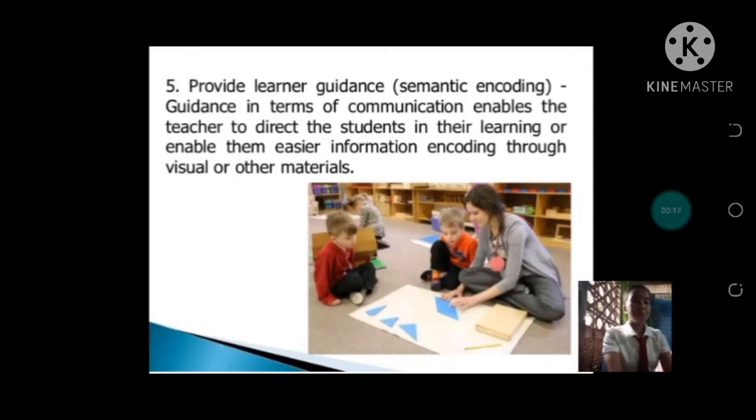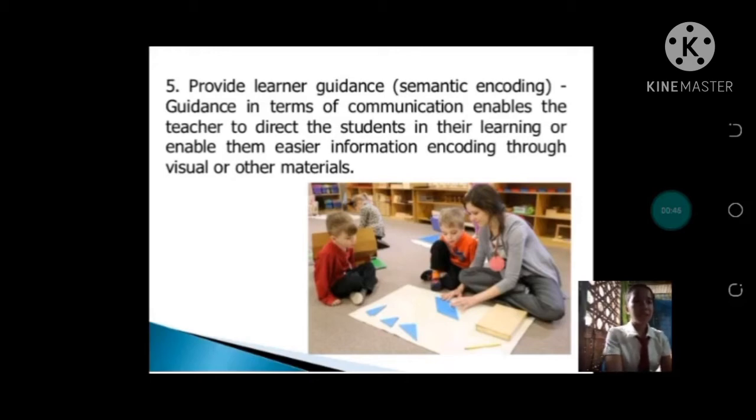So, fifth is provide learner guidance for semantic encoding. When we say semantic, it means the meaning of words or phrases, and when we say encoding, it is any form of a message. So, guidance in terms of communication enables the teacher to direct the students in their learning or enable easier information encoding through visual or other materials.